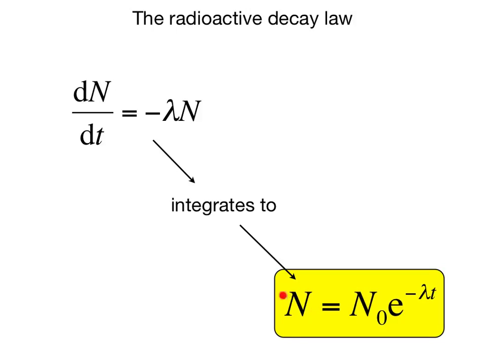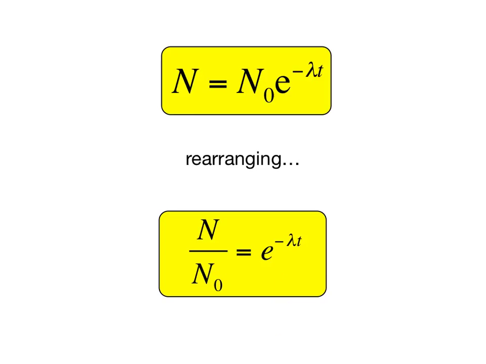And of course, as we said earlier, N is the remaining number of parent nuclei. Since we will not usually know the actual number of parent nuclei, this rearranged form of the equation is even more useful. N divided by N0 can be represented as the fraction of the parent nuclei remaining. It's often represented as a percent.